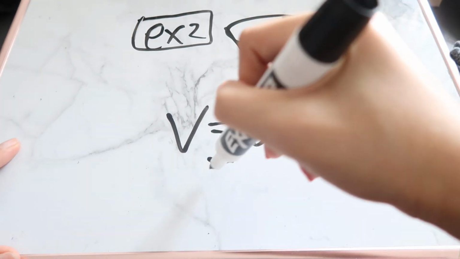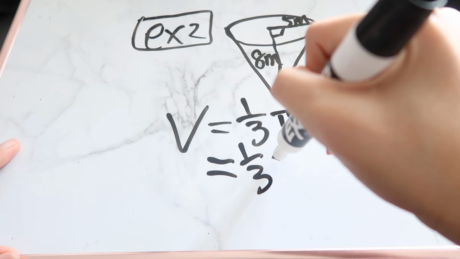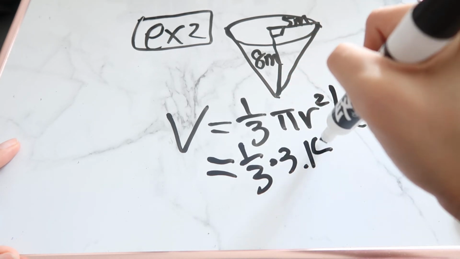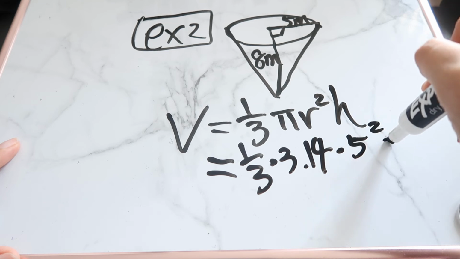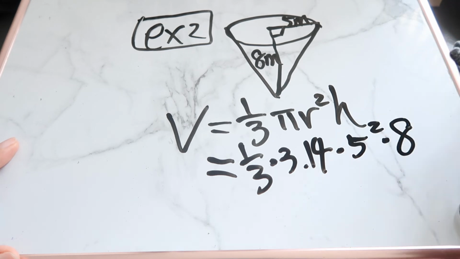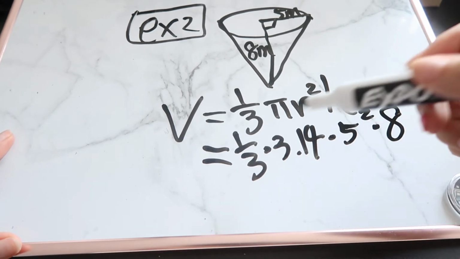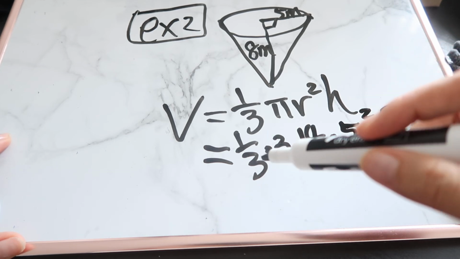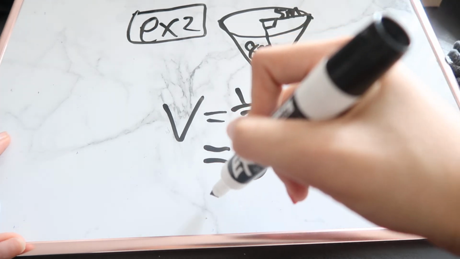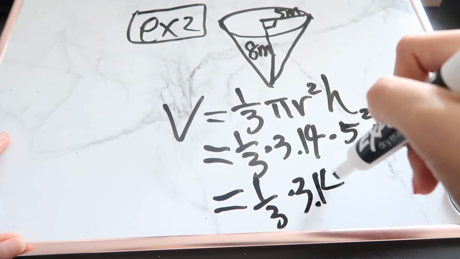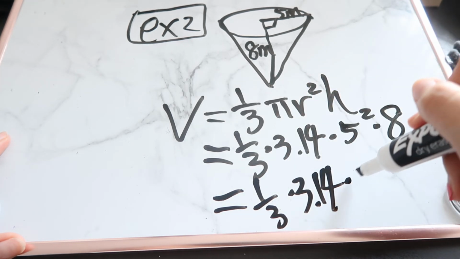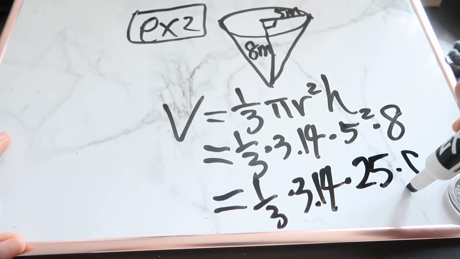First step, plugging everything in. So it's 1/3 times 3.14 times 5 squared times 8. And I know a lot of you guys don't like the 1/3 part. We can leave it to the last to solve. So it'll be 1/3 times 3.14 times 25 times 8.